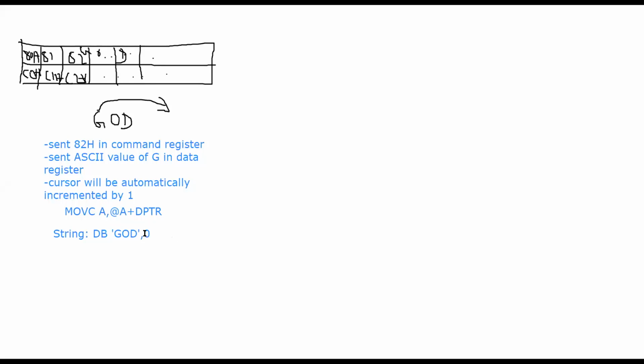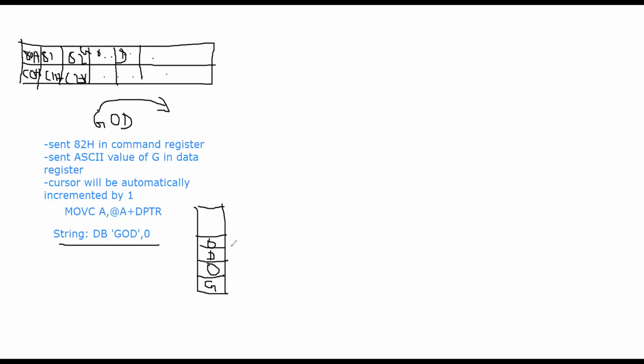Now I have written 0 here. What does it mean? When I write like this, GOD is in the stack, something like that: G, O, D, and at the end 0 has come.